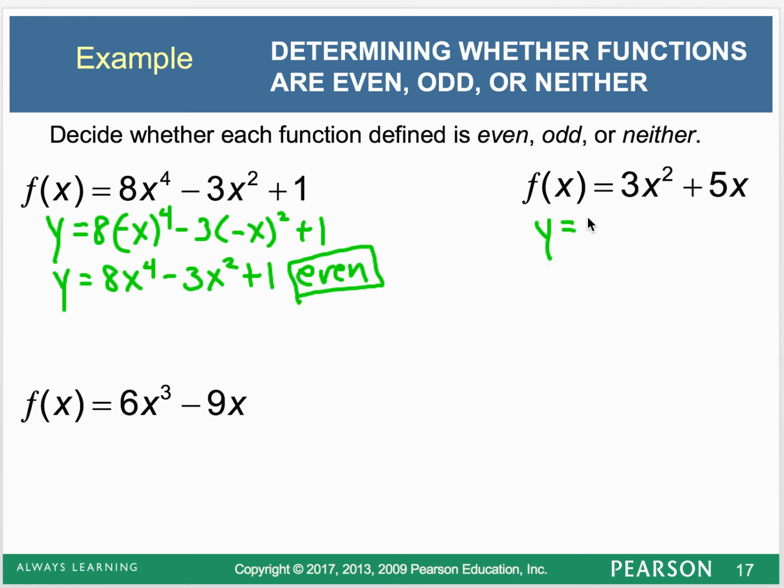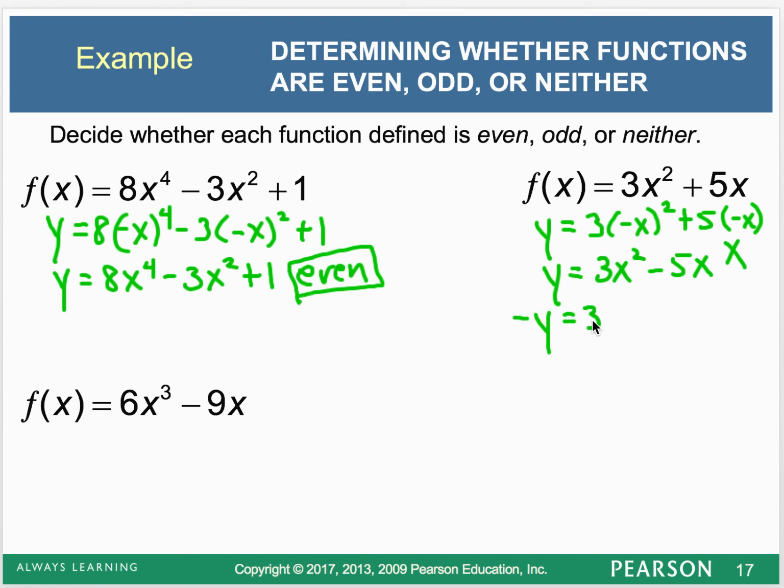Let's try this one. So y equals 3 negative x squared plus 5 negative x. Y equals 3x squared minus 5x. That's not the same. So it's not even. Let's see if it's odd. That means replace the x and the y.